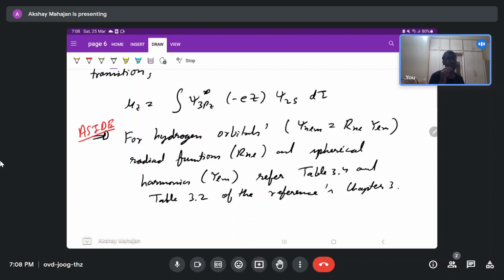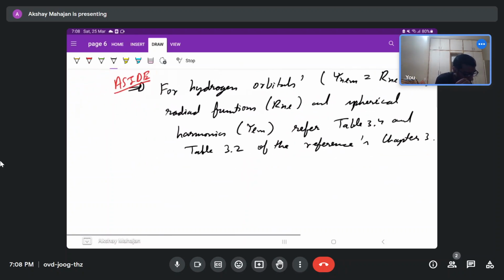From the book's chapter 3, in tables 3.4 and 3.2 you can find these wave functions. You can do this integration.